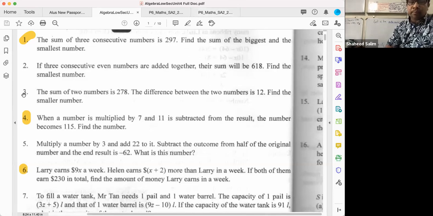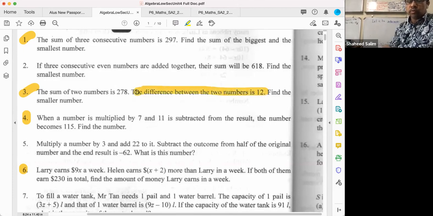We go step by step. Number 3 now. If let's say x is a smaller number, what is the bigger number? Your clue is here. The bigger number will be?